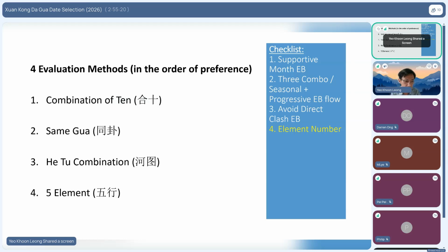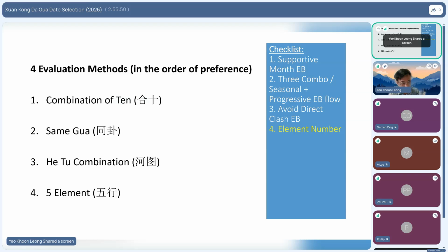When we look at the element number on the upper row, you see there are a number and an element, right? If you remember, 1 water, 6 water, something like that. We want the numbers to form a combination of 10, 合十. Or if you find that the first one is 6, then you want all the rest to be 6.